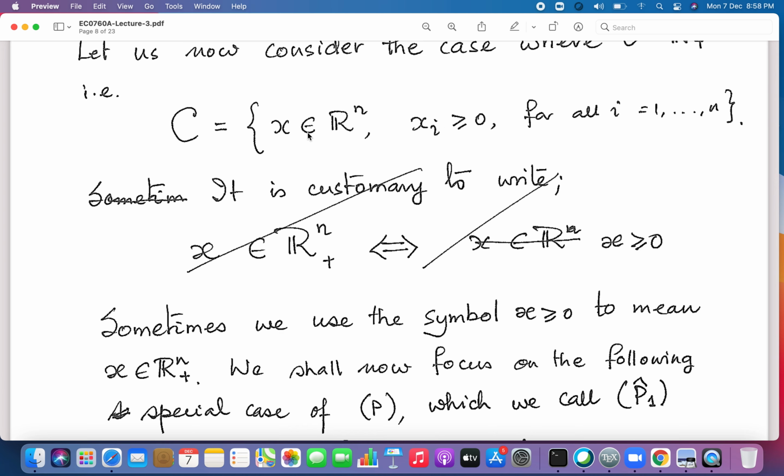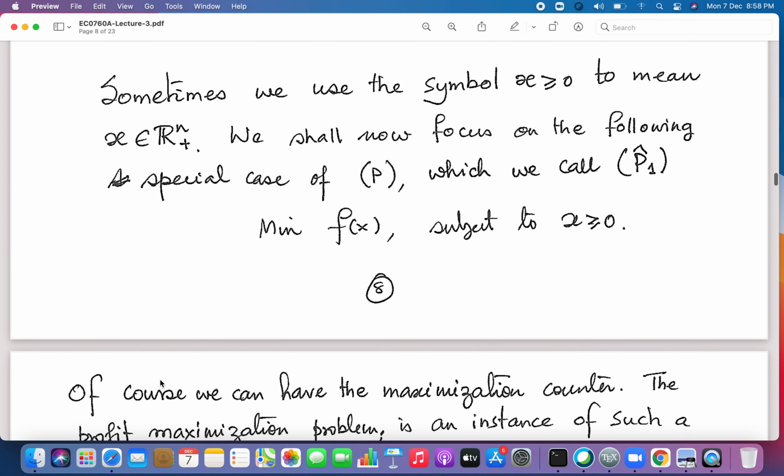Of course, this is a closed set. Sometimes we use the symbol x greater than or equal to 0 to mean x is an element of R^n plus, which means all the components x_i of the vector x, given by x1, x2, ..., xn, all these n real numbers are non-negative, that is greater than or equal to 0.